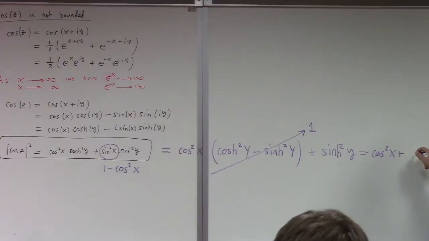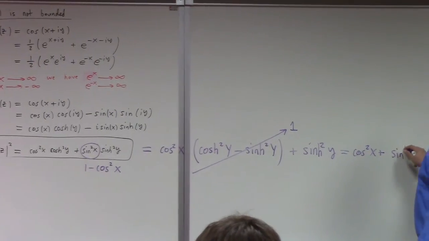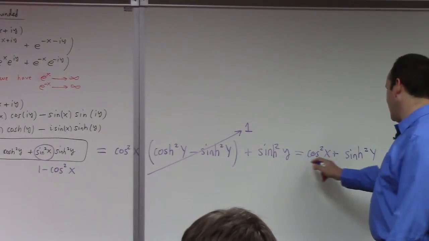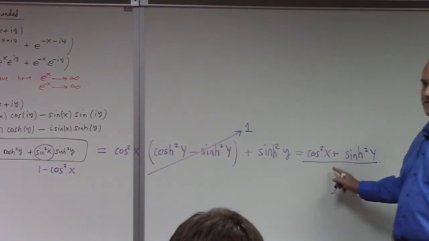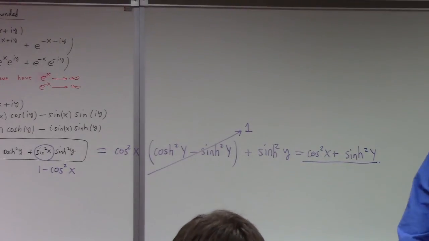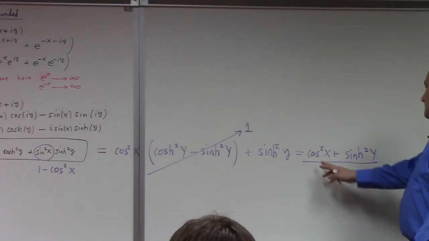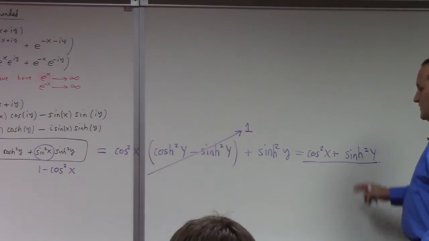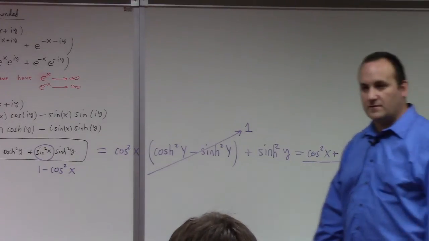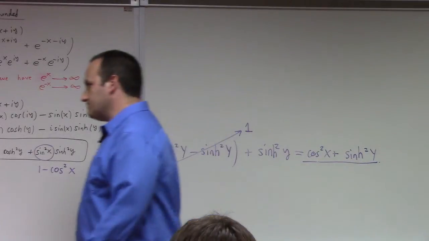So cosine squared x plus sinh squared y. It's like, wow, this is a new profound relation. What can I do with this? No, in fact, that simplifies to this. And there's a similar simplified formula for sine in the notes, okay? But, of course, sinh blows up, right? Cosine of x is bounded between plus or minus 1, but sinh goes to infinity as y goes to infinity, or to minus infinity, that's squared.